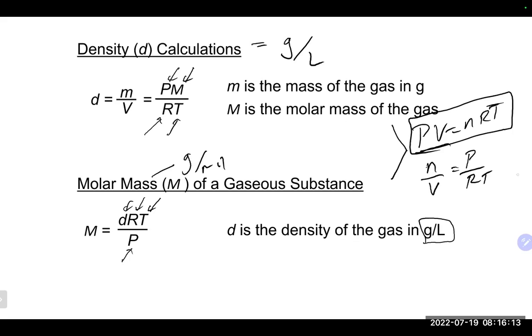We end up with this. n is moles, right? V is volume, which is liters. That is also the molarity of the solution. And from that, you could end up with moles per liter, which then you could use something like the molar mass to convert to grams per liter, which will get you to density. So you could use the ideal gas law to solve it.